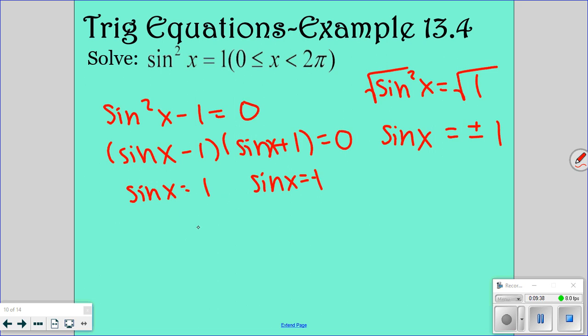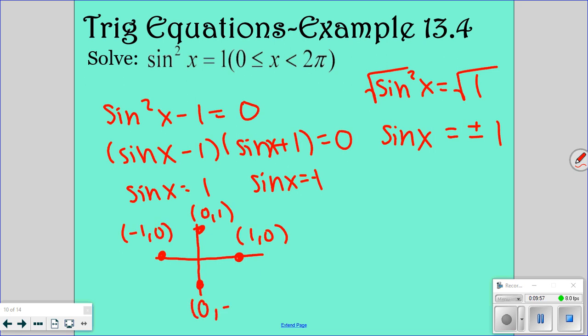So that's where you're going to go back to your quadrantal angles. It's either going to be one of these 4 or 2 of these 4. And so this point is 1, 0. This point is 0, 1. This point is negative 1, 0. And this point is 0, negative 1.